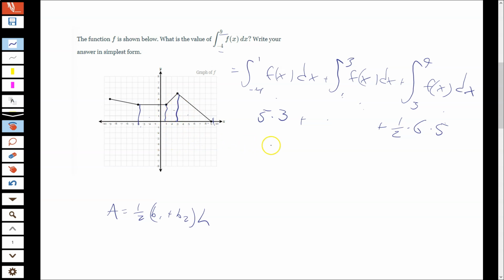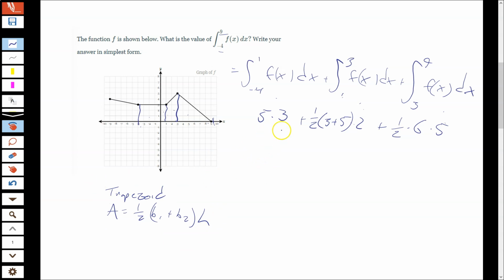Okay, so what this would look like in our case is 1/2 times 3 plus, so that's my first base, my second base is 5, and then times the height, which is 2. Okay. Notice I could have also split that up into a triangle and a rectangle if you don't like that, but we're going to see this trapezoid formula again in a lesson in the near future.